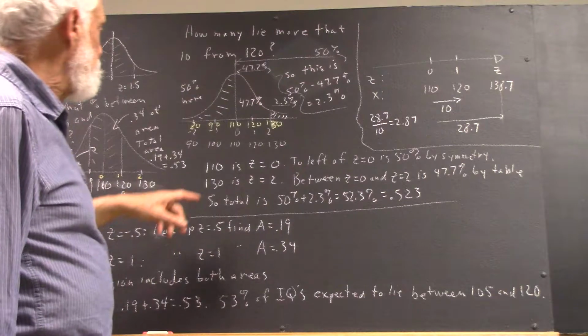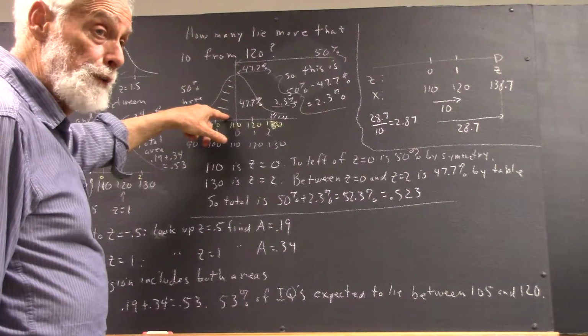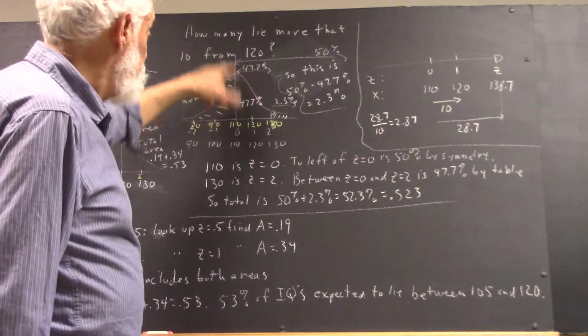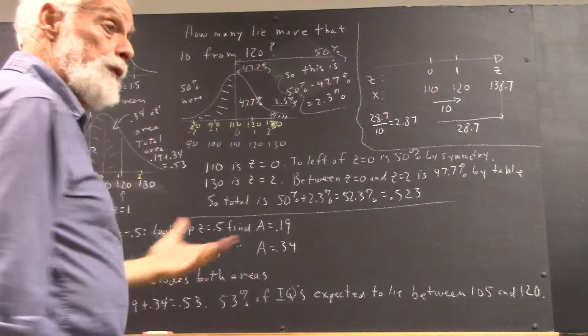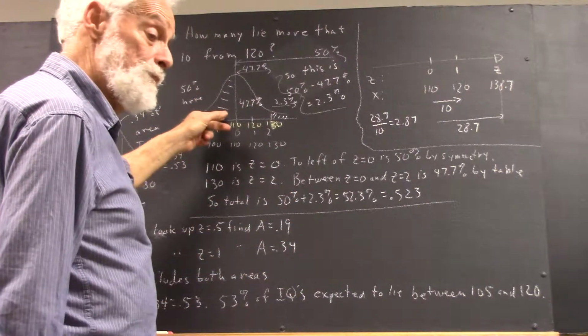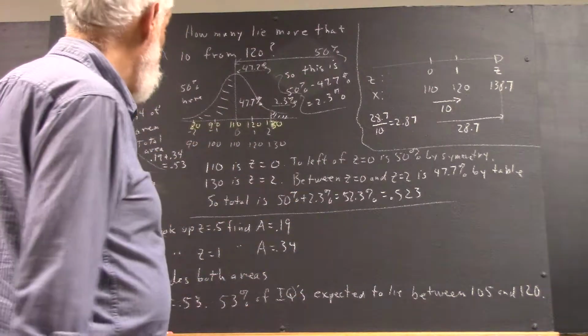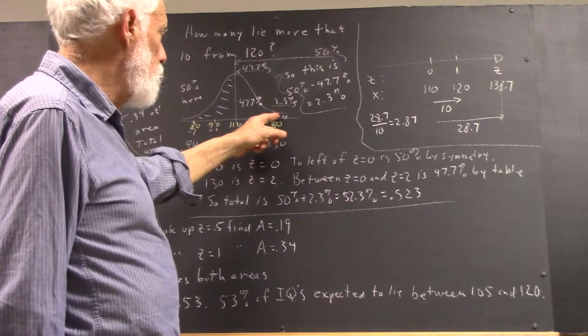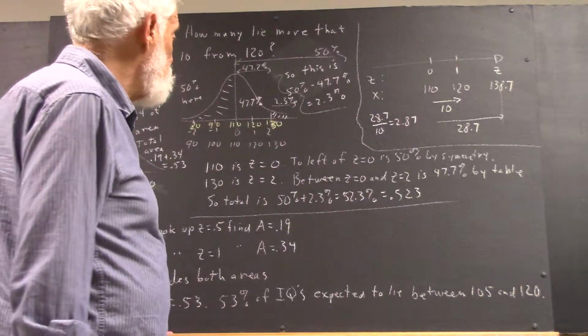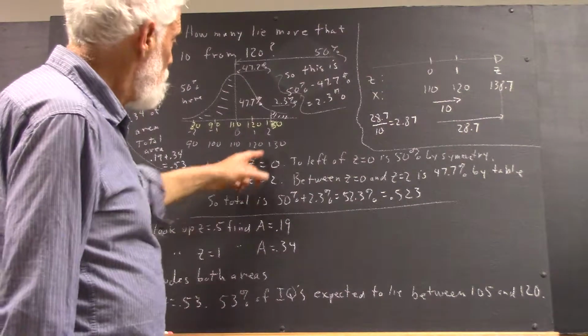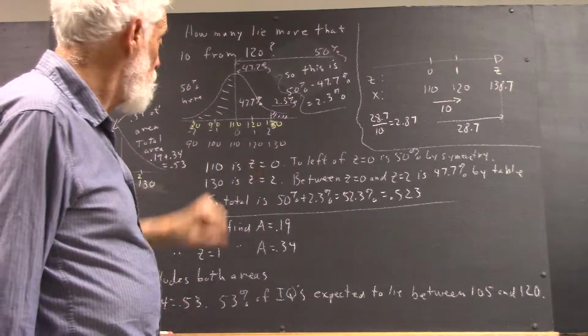Well, this area is real easy, because this area starts at the middle and goes forever. That's half of the total area, so that's 50%. We don't even have to look that up. What are we going to look up to find this area? Well, we'd better look up z equals 2.